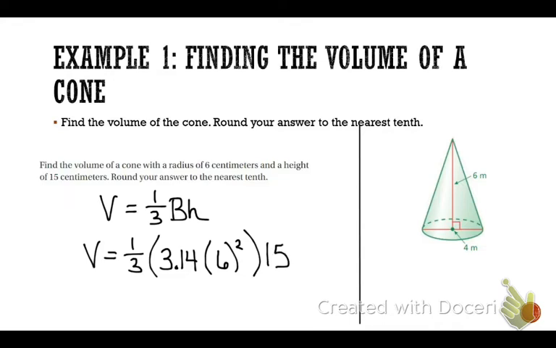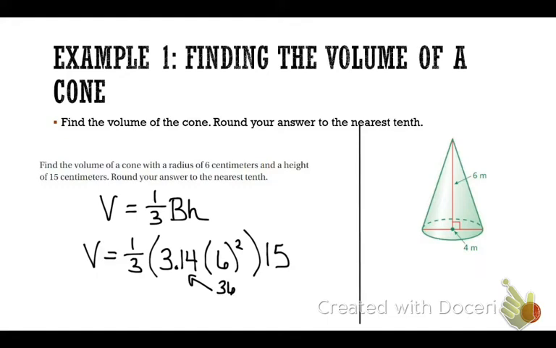Okay, so now it's just a matter of doing the math. And even though you can use your calculators, you have to do this in the right order. What do you do first? Exponent. What is 6 squared? 36. So now do 36. You better not use your calculator for that part. 36 times 3.14. Do that math.